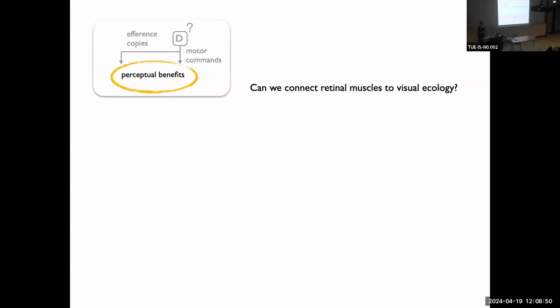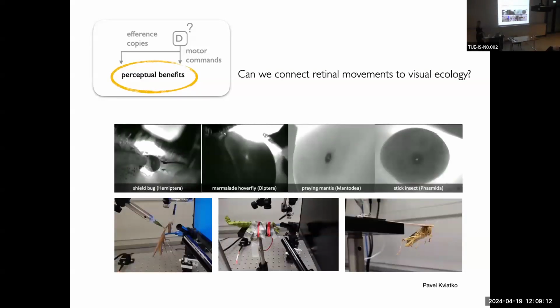But the first project that was actually launched in my lab to address that question took a more comparative approach. And we wanted to see if we can connect retinal muscles to the visual ecology of different insects. So when we started out, we just knew those 3 flies have retinal movements. No one knew about dragonflies, beetles, etc. And so a PhD student in the lab is looking at eye movements across insects.